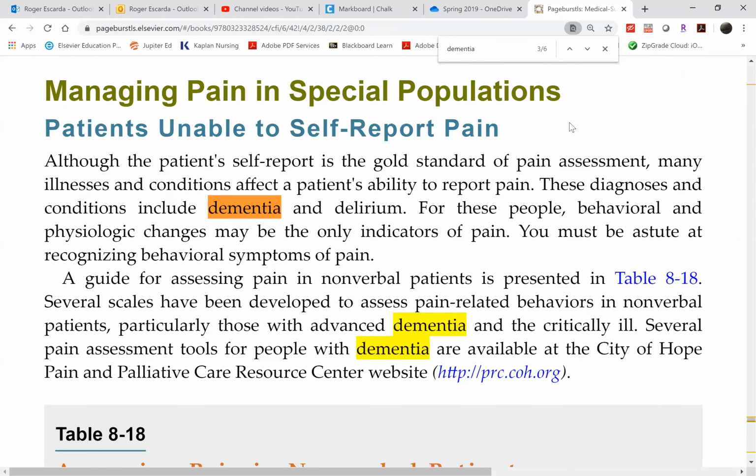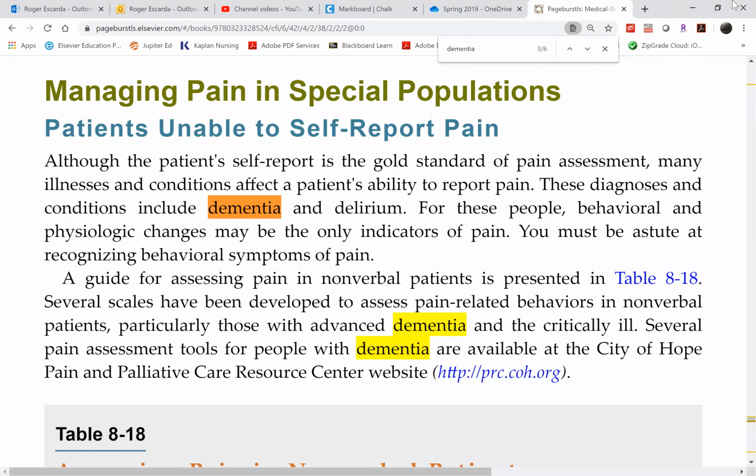Okay, here. So how do you, first of all, assess pain in a patient with dementia who can be nonverbal? Or in the same way, it doesn't have to be dementia. What if we change this to a cognitively impaired patient or an unconscious patient?